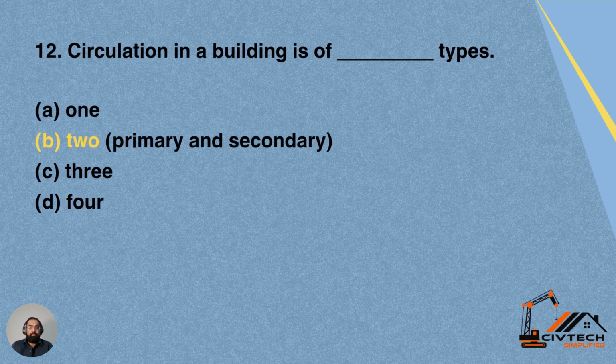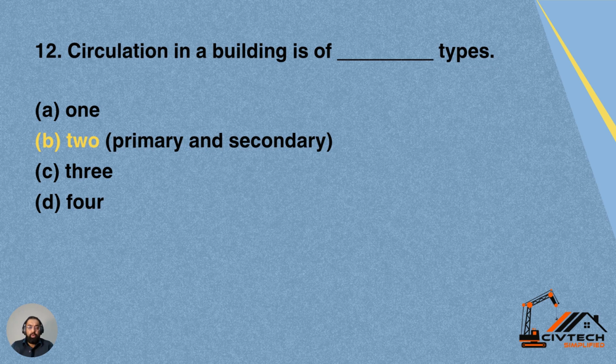Then we have question number 12. Circulation in a building is of dash types. So we already saw the definition of circulation. It is basically the movement of the people or the tenant or the furniture, anything within the building or on any specific floor.